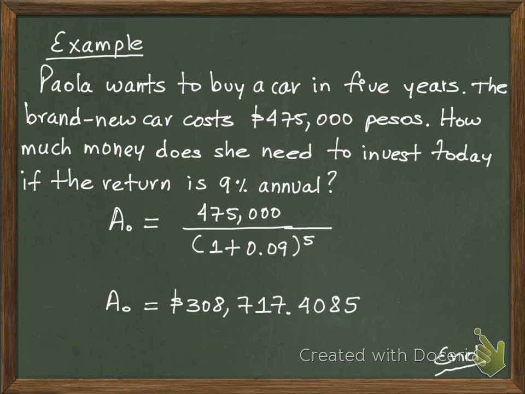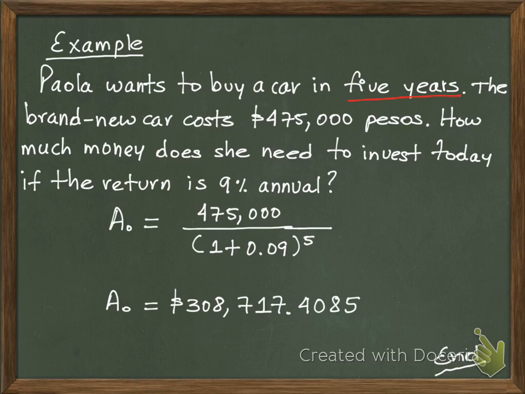This brand new car costs 475,000 pesos, or to be more precise, will cost 475,000 pesos in 5 years. Okay? So how much money does she need to invest today if the return is 9% annually?